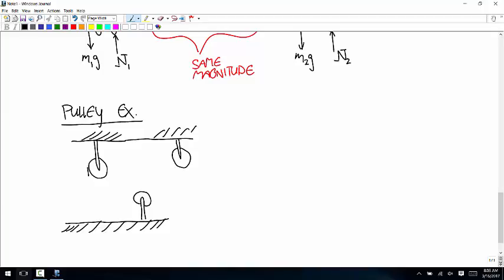Okay, so let's say that we have a body 1 connected to a cable, and that cable goes over 3 pulleys like this, and then connects to a body 2.